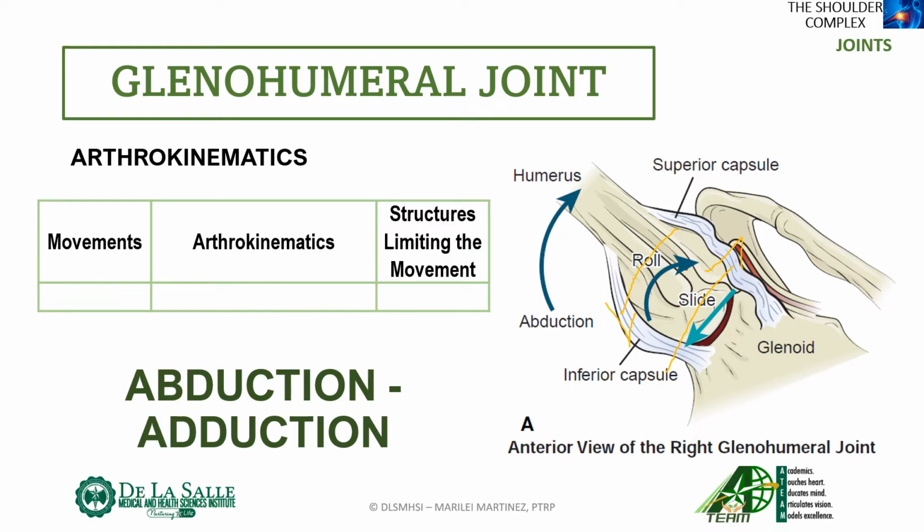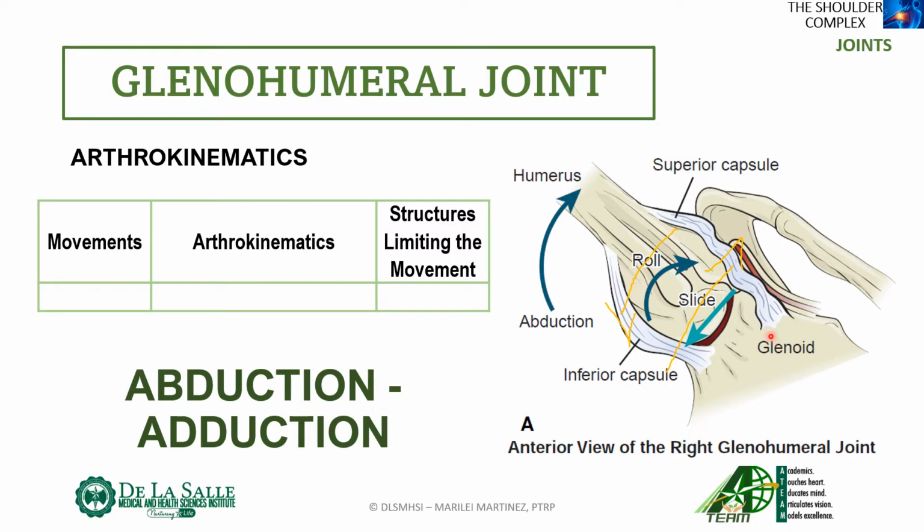The roll will not change. Whether it's closed kinematic chain or open kinematic chain, the roll will not change. So the concave glenoid fossa rolls superiorly and slides superiorly. So same rule because it's the concave that moves on the convex. Okay, against the fixed convex head of the humerus.